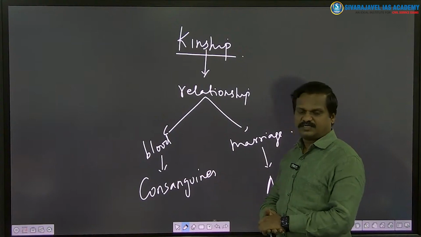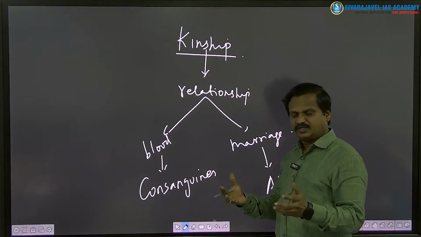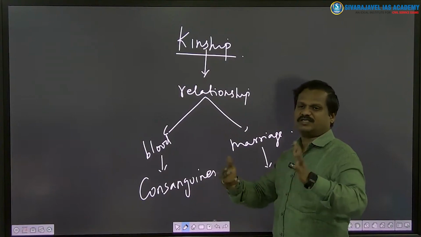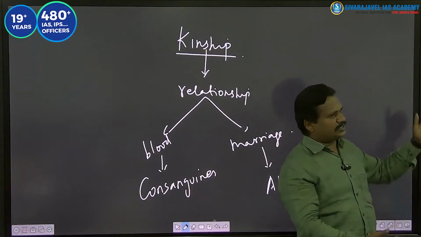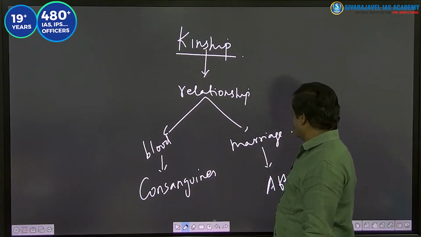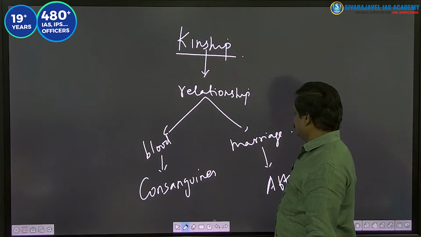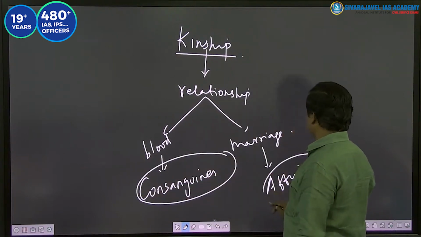Both are present in your family and both are in the kinship also. Either the relationship will come through blood or through marriage. So we have consanguines and affines.